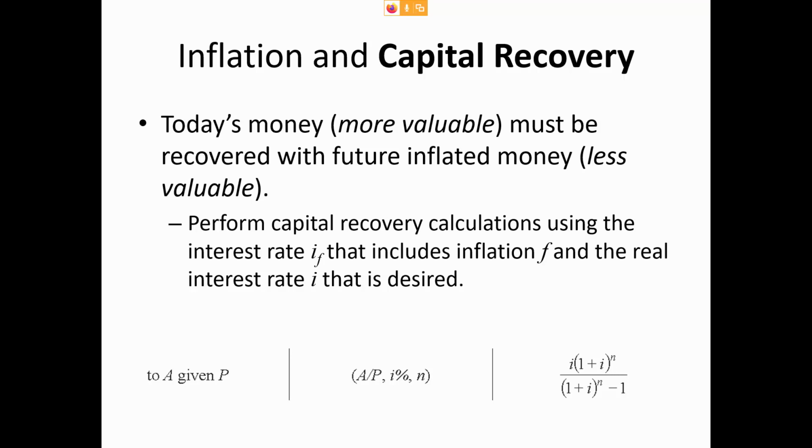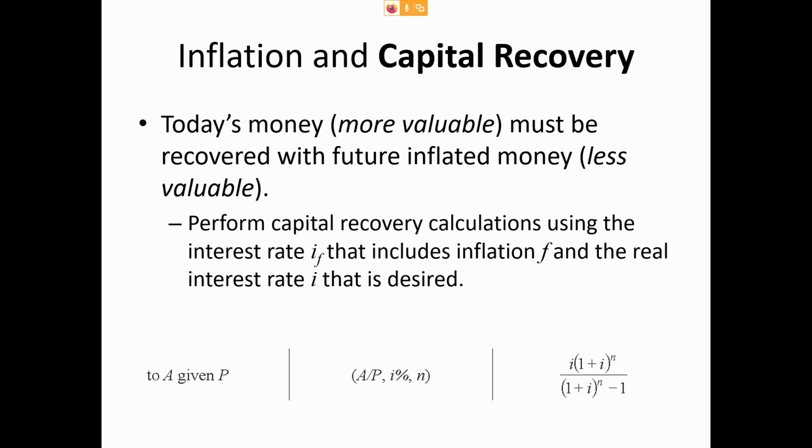And so for the capital recovery amount, the amount that you're earning to justify some present outlay of cash, you should use the interest rate I sub F to do the capital recovery calculation. In other words, if you know you want to make I, you have to take into account F, because F is going to be eroding your real rate of return.